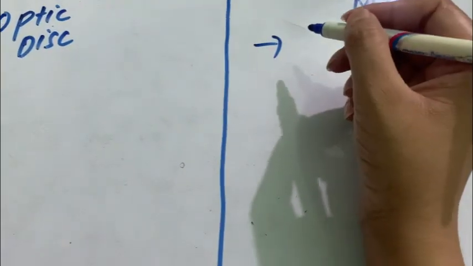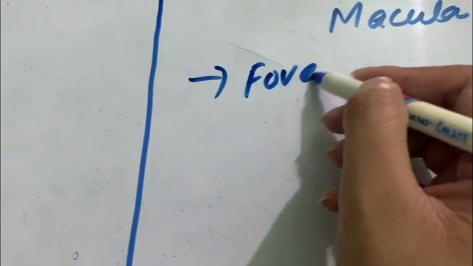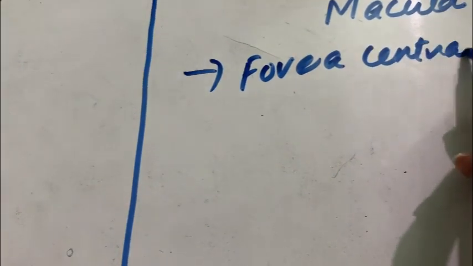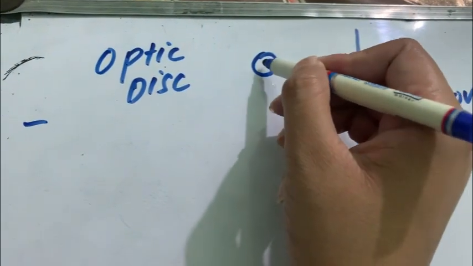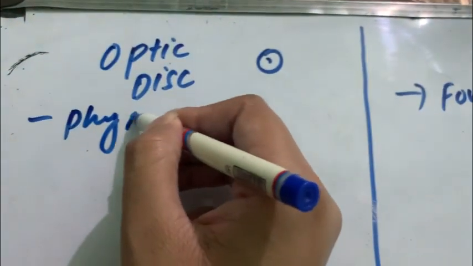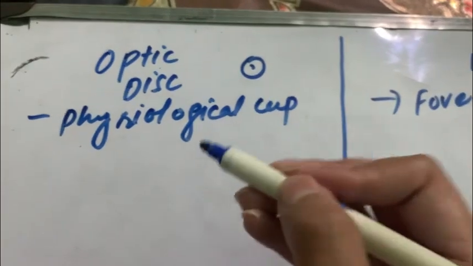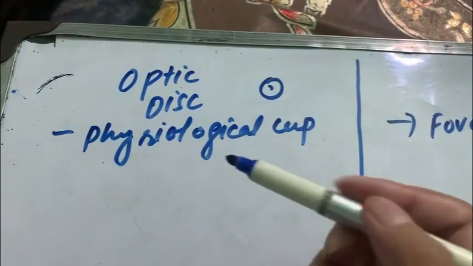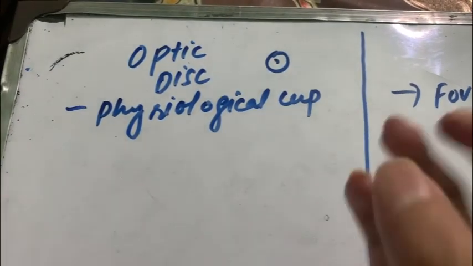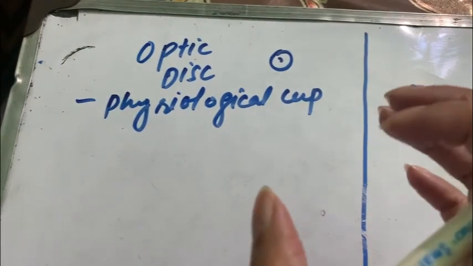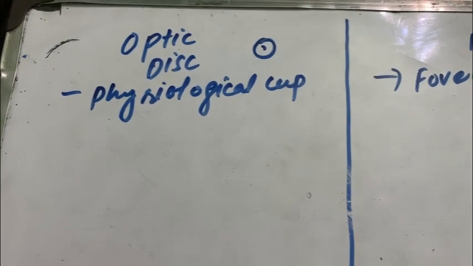The first difference is the depression in the macula is called the fovea centralis, while there is also a depression in the optic disc that is called the physiological cup. That is totally normal, but when the IOP of the eye increases, this physiological cupping increases, which causes pushing of the eyeball outward, increasing the pressure inside the eye.